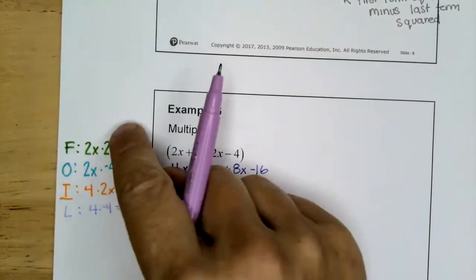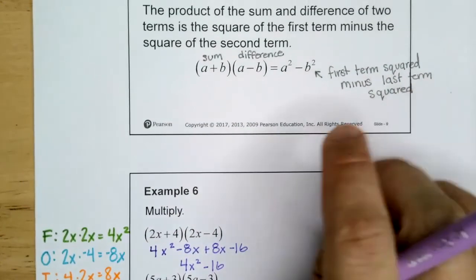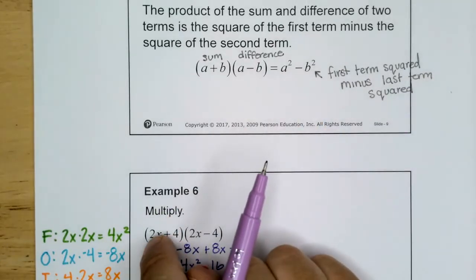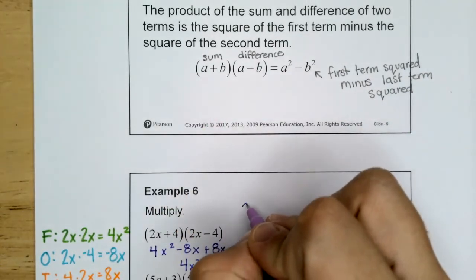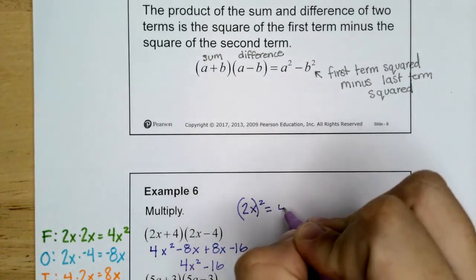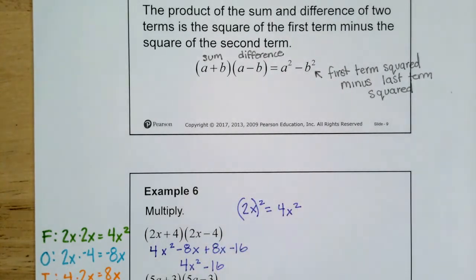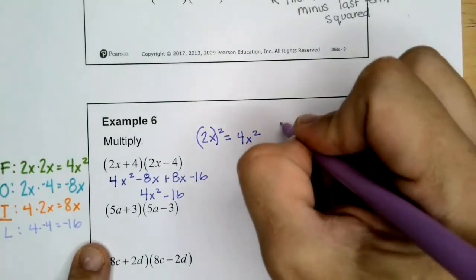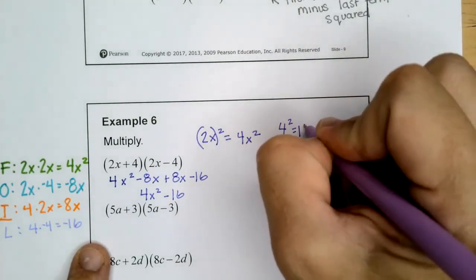So we don't need to do all this. We just follow this rule. We square the first term. 2x squared, all of that is 4x squared, right? And then we say 4 squared is 16.